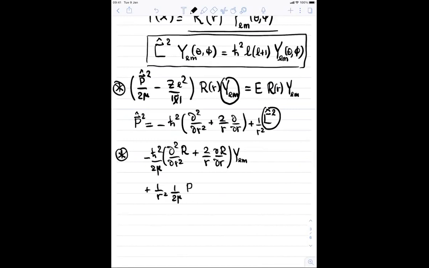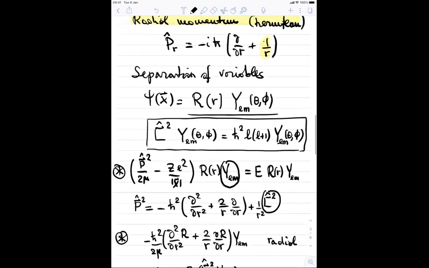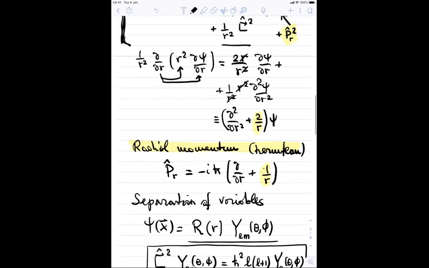So r gets nothing, but L square applied to Y will give me a contribution. And then this is the radial part, this is the angular part, and then I have the Coulomb potential term.